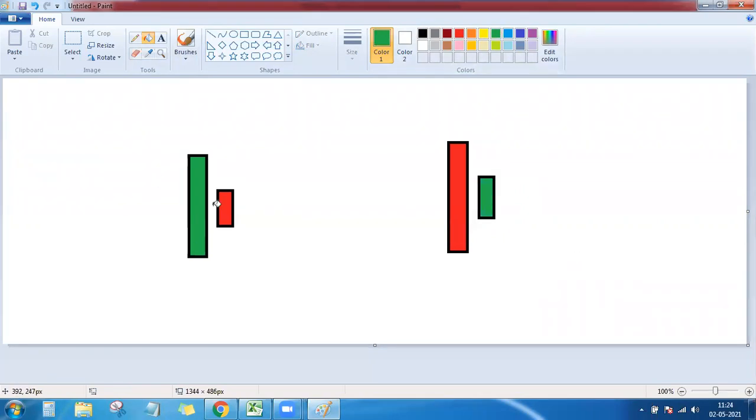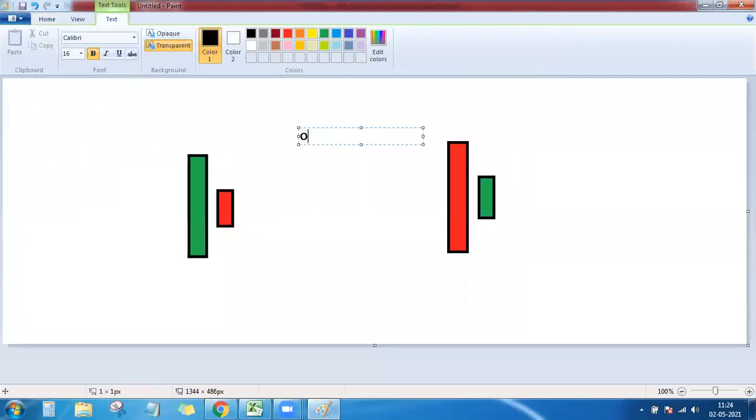So this is a bearish Harami and this is a bullish Harami. If you write the particular conditions over here, first candle is a green candle. So C1 is greater than O1, and second is a red candle. So C2 is less than O2.